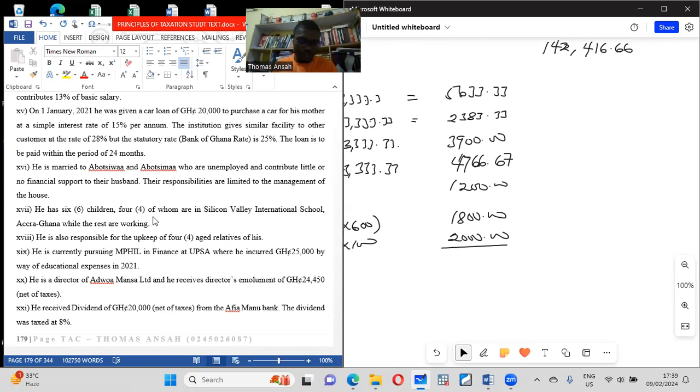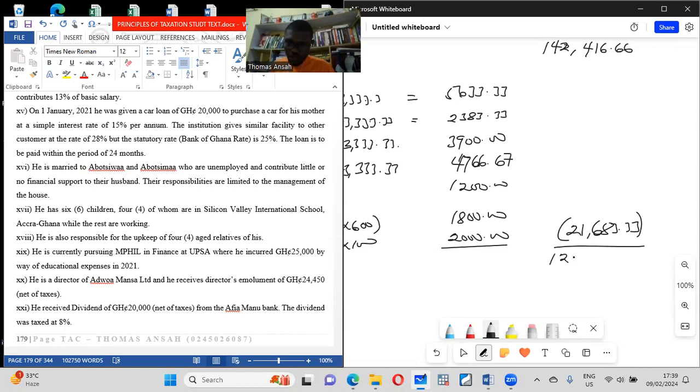That gives me 21,683.33. So if I now get his employment income, 142,416.66. So that gives me 120,733. His extra income as a director.